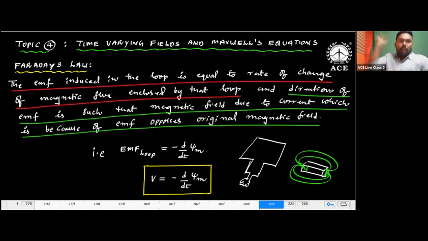If I do it at a very fast rate, you'll find a brighter light. If you do it at a very slow rate, you'll get a dim light. And if you put the permanent magnet in and are not moving it at all, there won't be any EMF induced. You would have seen this experimental setup in your high school physics.